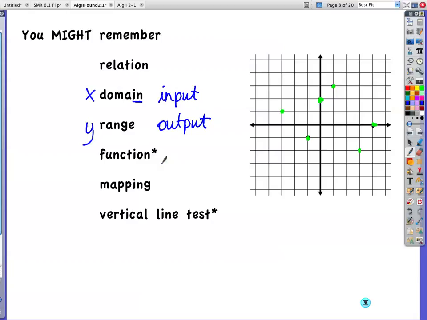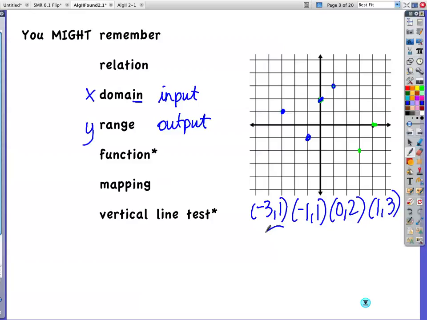Mapping. Here's what you do for a mapping. You've got the coordinate (-3, 1), the coordinate (-1, -1), the coordinate (0, 2), and the coordinate (1, 3). If you were to put this into a mapping, you would have 2 circles like so.